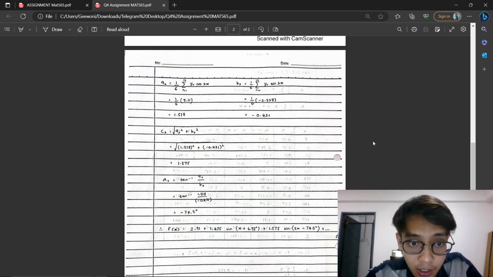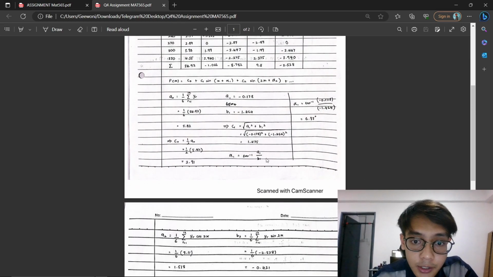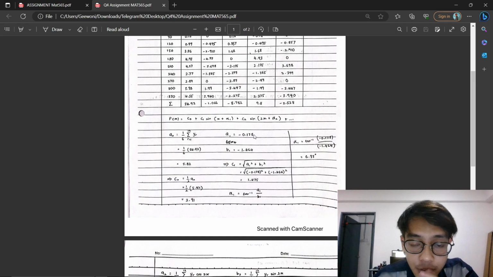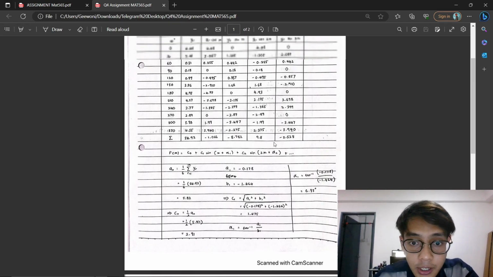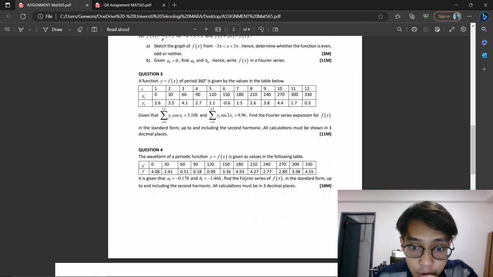Okay, now we are going to continue with the solution for question 4. After we have found C1 and C0, we need to find C2. The reason why we need to find C2 sin(2x plus alpha 2) is because the question is asking us to find the Fourier series of the function f(x) in the standard form up to and including the second harmonic.